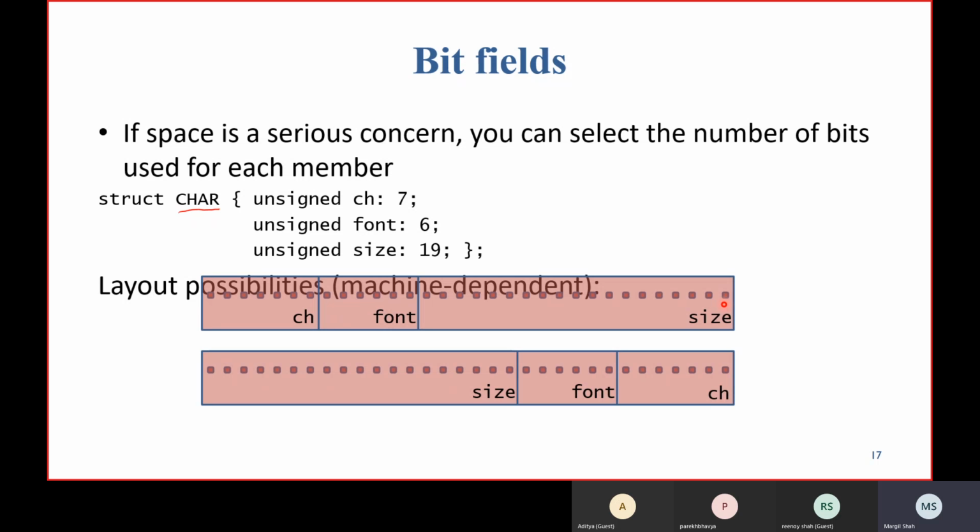Now if we work in this way, this is layout possibilities. So either it may store ch, font and size or size, font and ch, that's up to the machine, that's not our concern. But the point is, total how many bits used?